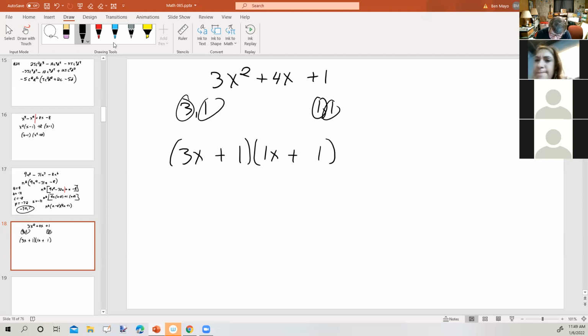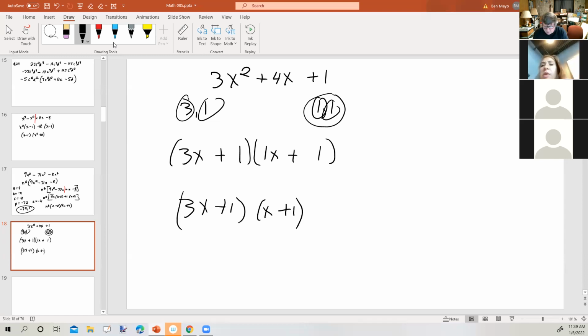If I switch these around, it doesn't change anything. Basically, this problem is done. I didn't really get into all the complicated details because there wasn't a lot to do, but this is an excellent example of where it would be faster to do the problem this way than to use grouping. But now let's take a look at another problem.